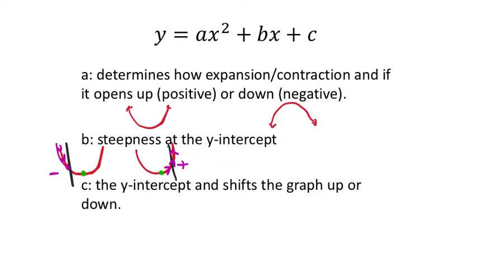The same idea is true for our frowny face parabola. So if it was down like this one, and if the vertex was at the tip there, then the y-axis is right here. Again, you can see that this is going upwards, upwards, upwards as you get to the y-intercept.